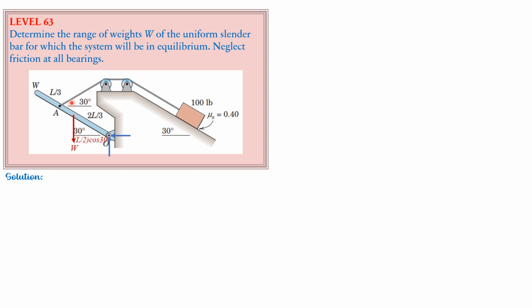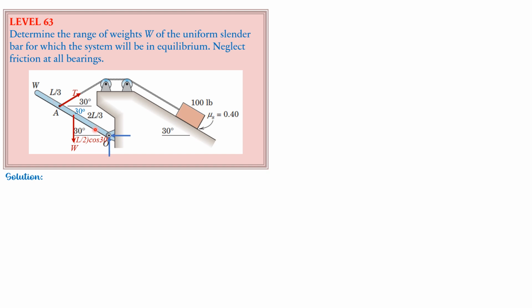And let's have the tension T. And this angle here is also 30 degrees as shown. Then we sum up moment about O equals 0. Only the component of T perpendicular to the bar has moment about O, and that is T sine of 60 degrees.